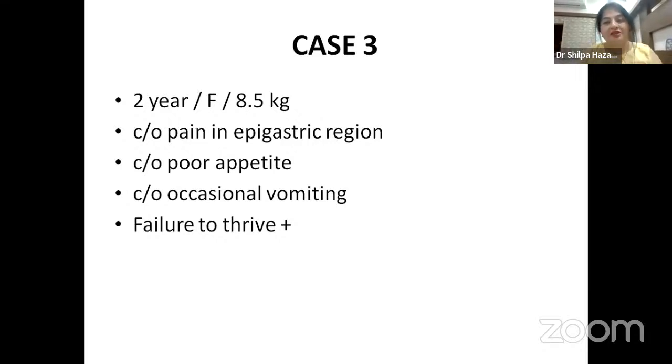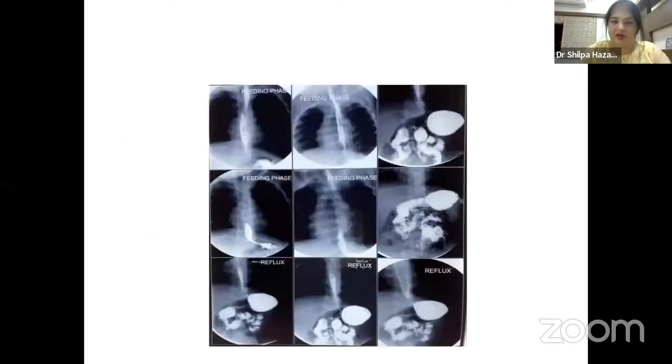So cough is not a very significant complaint, but she keeps getting milder episodes off and on. But the biggest problem was pain in the epigastric region, poor appetite and failure to thrive, not gaining weight.